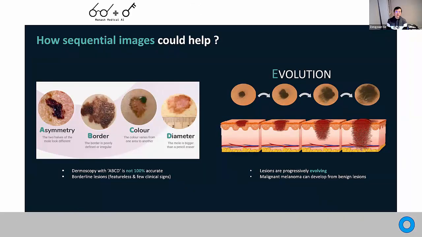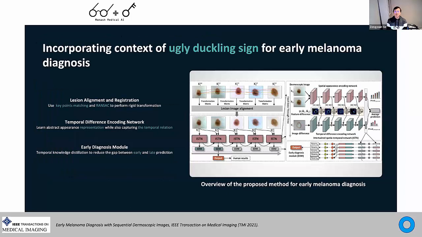Then we want to investigate a bit further into the data points. For example, rather than taking a single estimate point of the data, can we take sequential or longitudinal data together? Since we understand melanoma cases keep evolving. They are growing bigger and bigger and deeper into your skin, into your muscle. So we developed the next generation technology by incorporating multiple snapshots of lesions from different time points into the model.